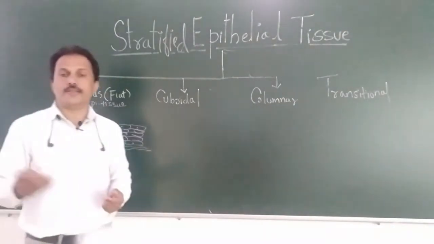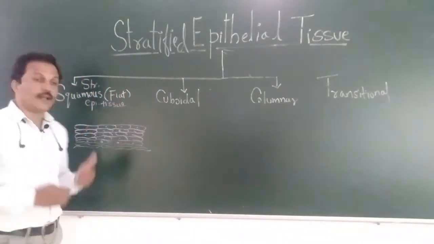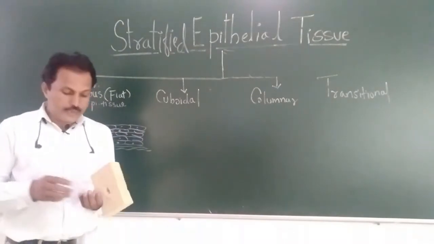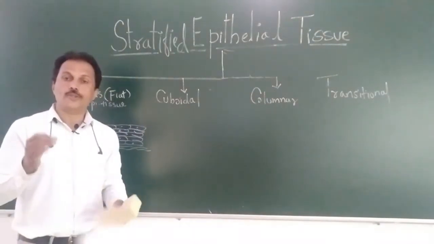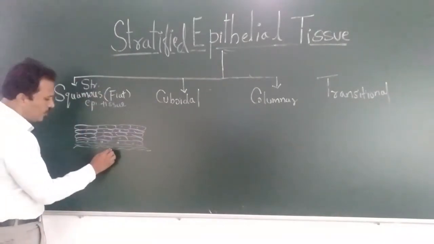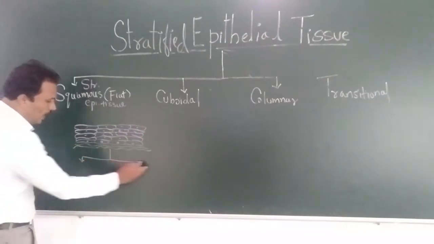Now the question is, what is the exact location where you will find this stratified squamous epithelial tissue? We will see again there are two subtypes of the squamous epithelial tissue. It is further divided into two parts.